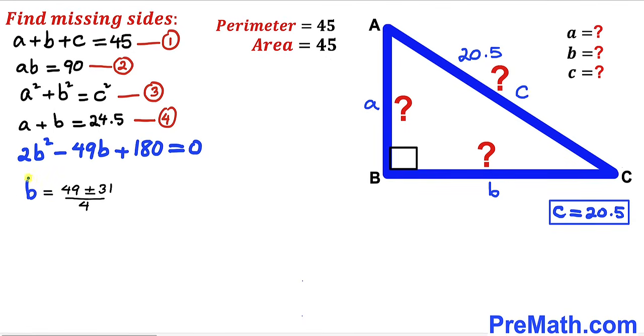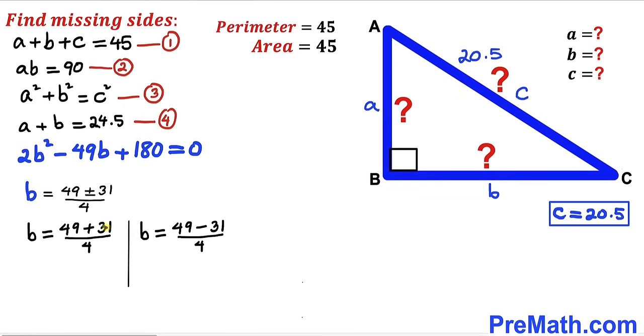In other words, our lowercase b value turns out to be 49 plus or minus 31 all over 4. And now we are going to split these positive and negative signs. As you can see in this next step, one with a plus sign and one with a negative sign. And here we can see if we add 49 and 31, that is going to give us 80.